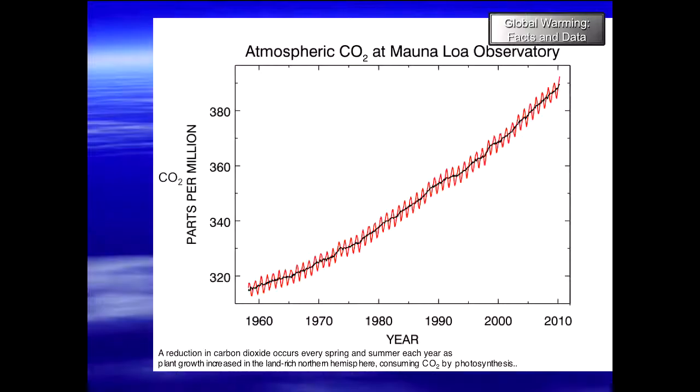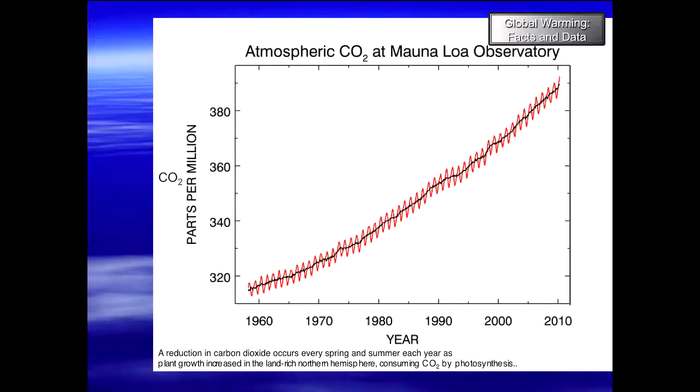By the way, you could wonder, well, wait a minute, when it's spring and summer in the northern hemisphere, it's fall and winter in the southern hemisphere. Don't those two balance out? Shouldn't they cancel each other? Well, yeah, they should, except if you look at a globe of the Earth, there's more land mass in the northern hemisphere by chance than in the southern hemisphere.